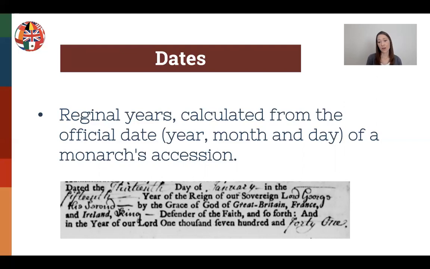Luckily, in this document, they also give us the normal dating that we're used to. So if you need to know exactly what that date is, just Google regnal year calculators and they have them. So you can just plug in what it says and you can find out the real date. If you are transcribing this though, you do not change it. You're going to leave it exactly as it is because it's a clue and we don't want to change our clues.